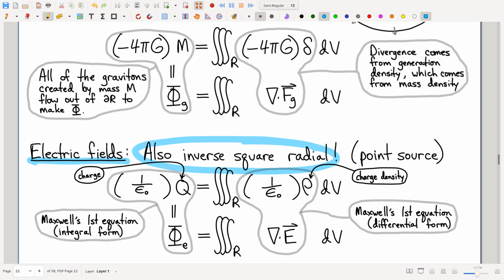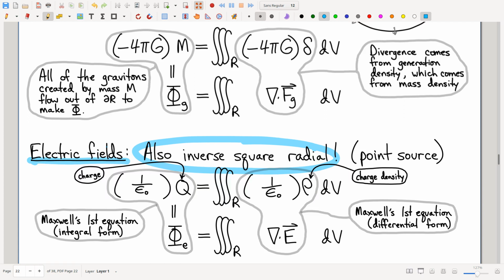That means that electric fields are structurally the same as gravitational fields. Which means that any intuition that you have about gravitational fields, well, it's just different constants. But all the ideas and all the way that you connect the dots up here concerning gravity, all the same stuff works for electric fields.